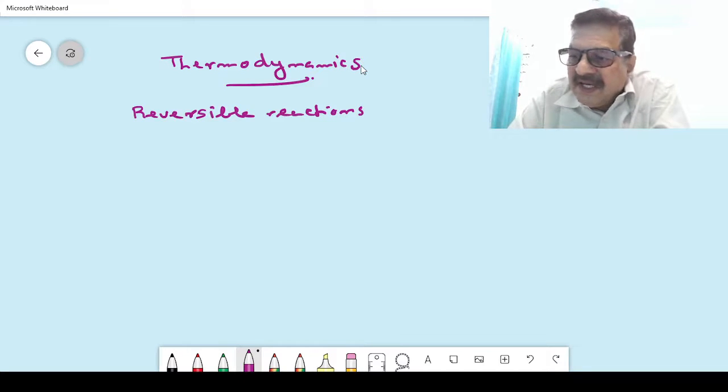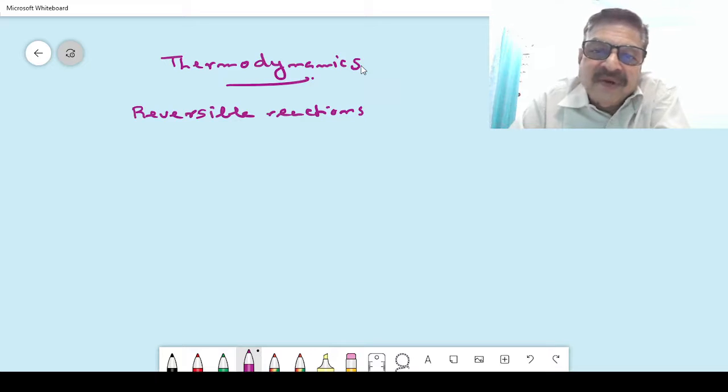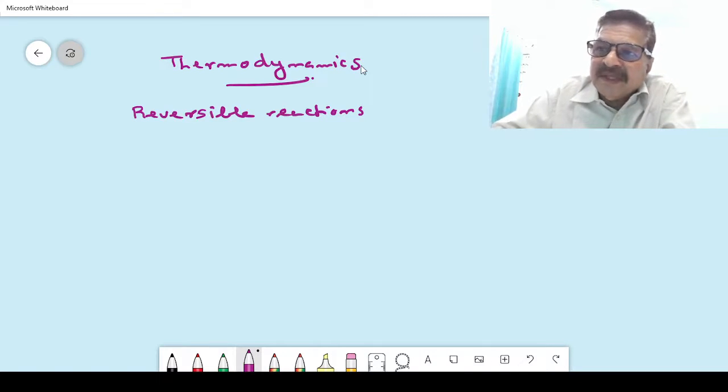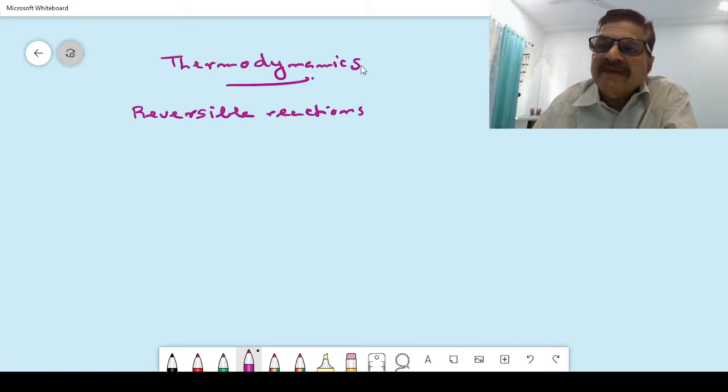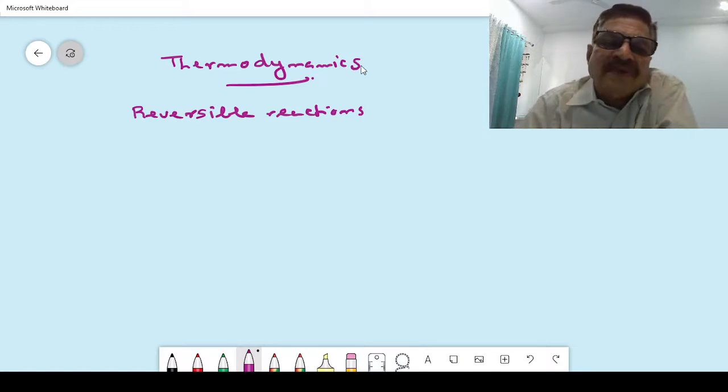They are determined by the potential energy stored within the molecule, in the nature of chemical bonds. Many bonds are formed and many bonds are broken, so these energies are stored in the chemical bonds.